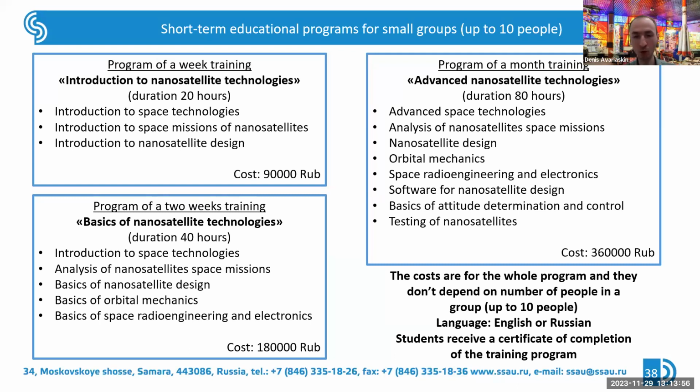So if you have a group of 10 people and you want to have a short educational program, for example, for 2 weeks, you divide 180,000 rubles by 10. And the courses can be in English or in Russian as you wish.